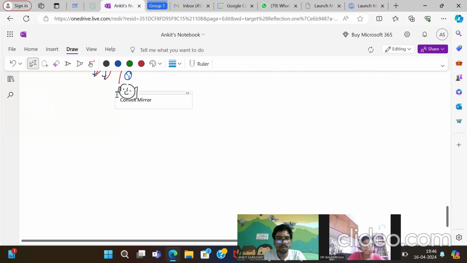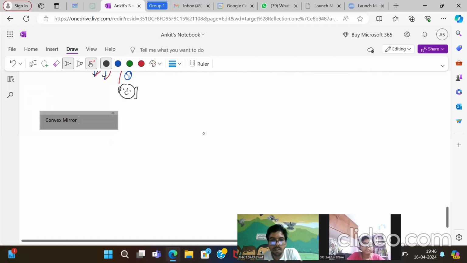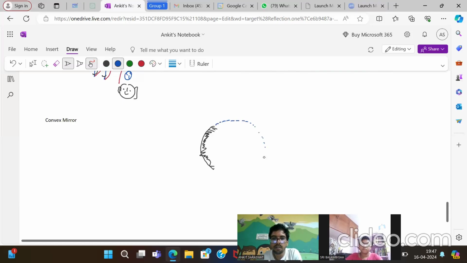If I ask you for convex mirror, how to draw? Simply, this is the polished surface. Then I want to know from which sphere it is formed. Like this. So the center of this sphere is known as the center of curvature of the convex mirror.